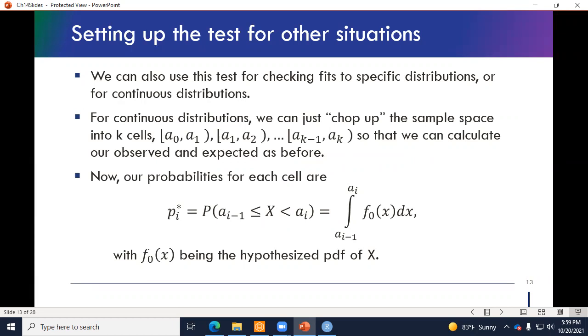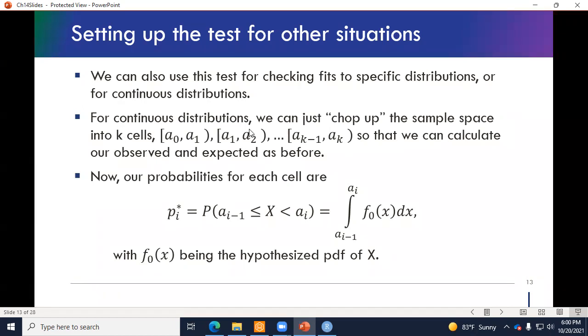Well, if we use that in a continuous distribution, what do we do? For a continuous distribution, we can just divide or chop up the sample space into k cells.